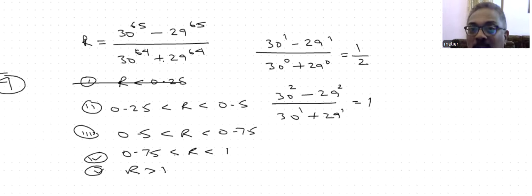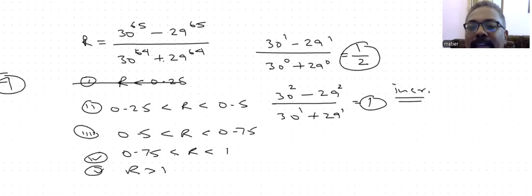Now just have a look. The clue is, it is half, it is 1, means there is an increase in the values. So obviously, if we go for 30 cube minus 29 cube, it will be more than 1. So when you go with these big numbers, it will be more than 1.